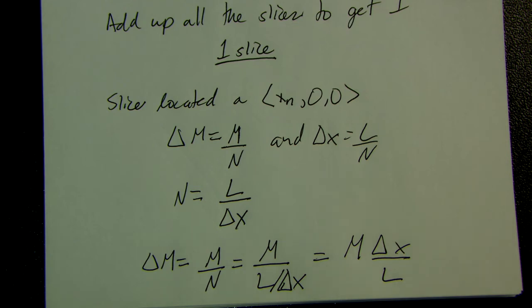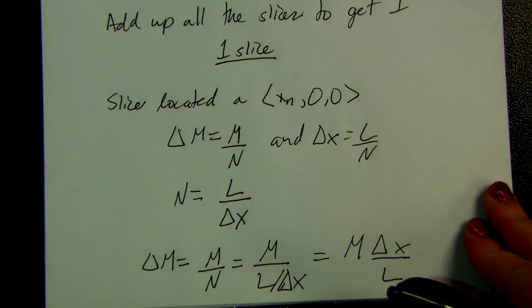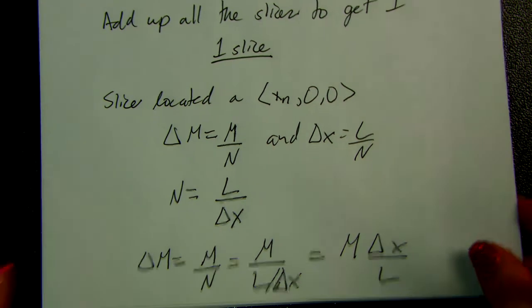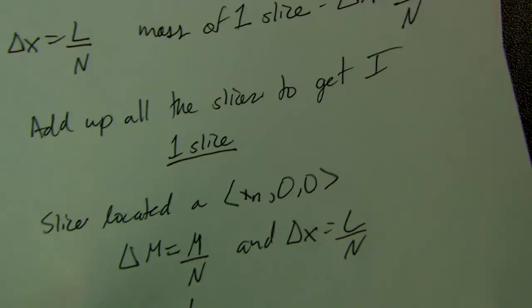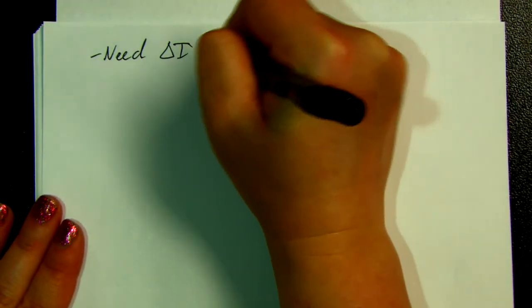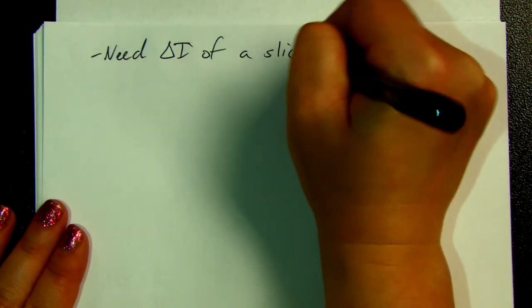Okay, now that we have an expression for the mass of each slice in terms of the total mass, the size of the slice, and the total length, we need to find out how much each slice is contributing to the moment of inertia. So we need delta I of a slice.